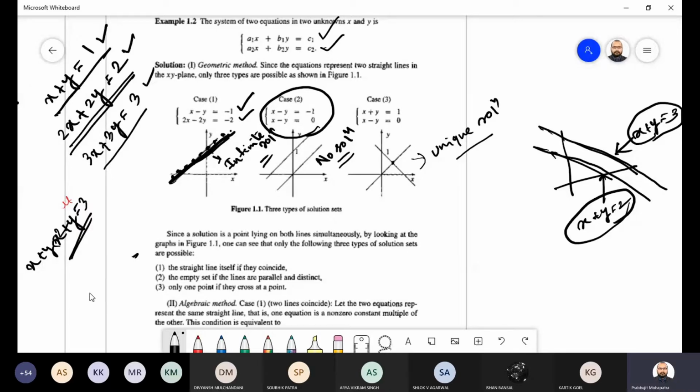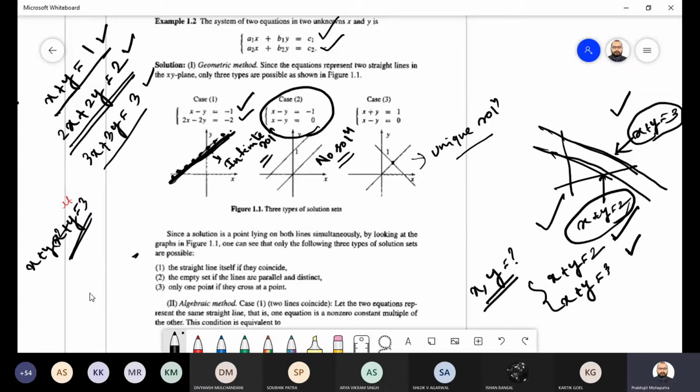So what is our target? Our target is to find a solution which should satisfy both. Here the equations are x plus y equal to 2, x plus y equal to 3. This is our system of equations. We need to find x and y values in such a way that it should satisfy both.